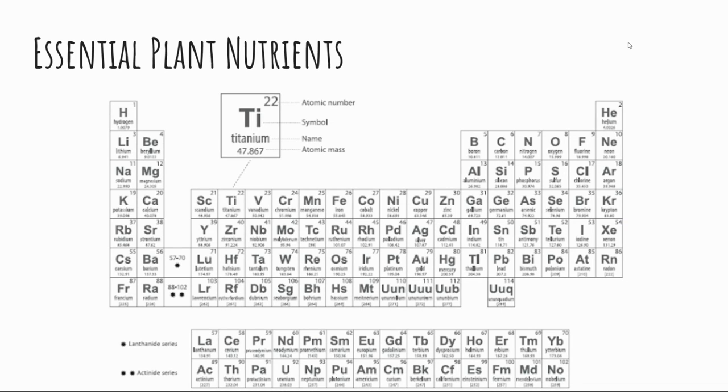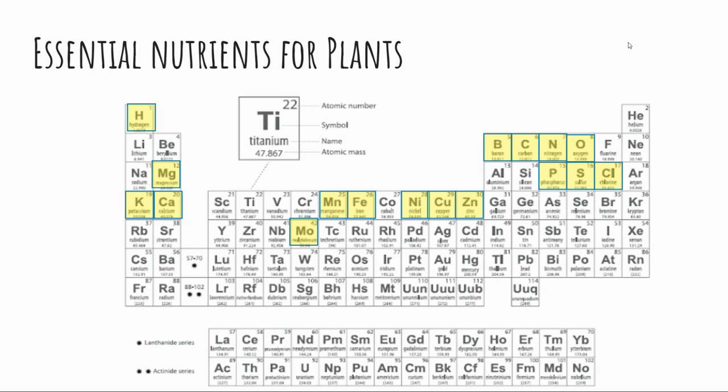So if we look at essential plant nutrients and compare it to essential animal nutrients, we need to do it on a periodic table. And I tried something different here. It kind of worked out, kind of didn't, but you get the drift. So we're going to look at the similarities between plants and animals when it comes to nutrients off the periodic table.